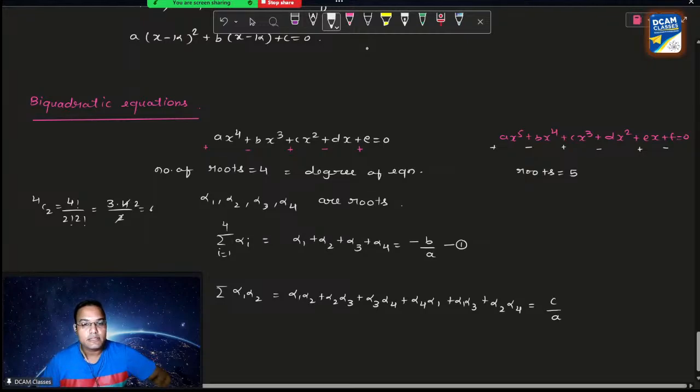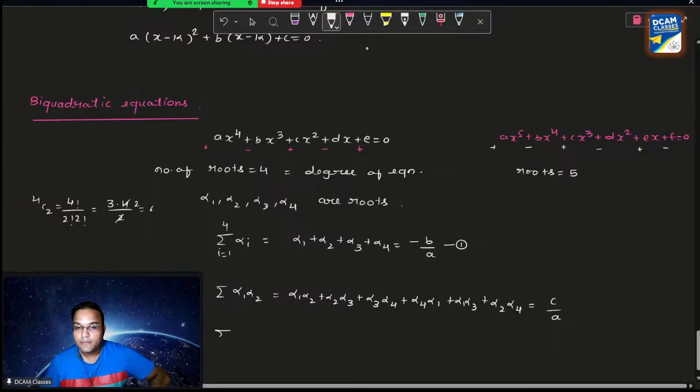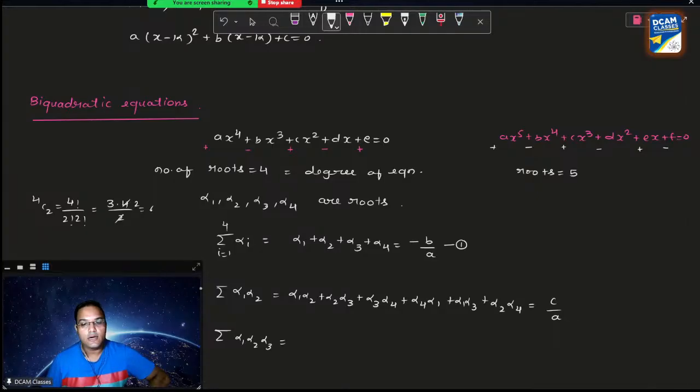What I meant by the sign is, when we are taking the first coefficient, it will be negative, minus b divided by a. When we are taking the product of two, it will be plus c divided by a. Now when we are taking the product of 3, alpha 1 alpha 2 alpha 3, you can always find out how many such cases there will be, like 4c3, because four things are there and you have to take 3 at a time.